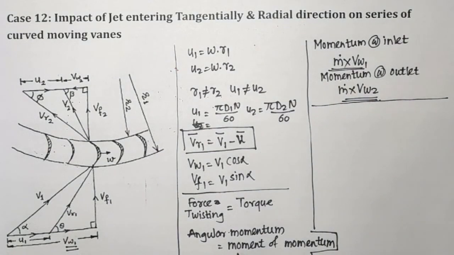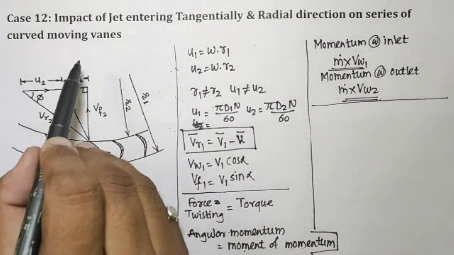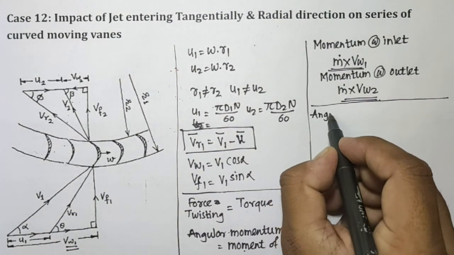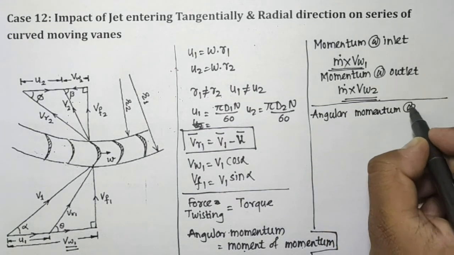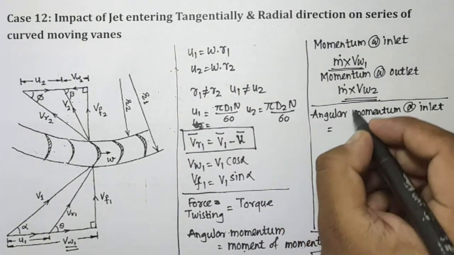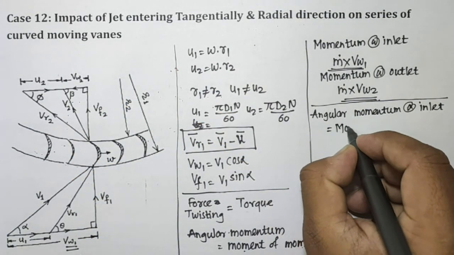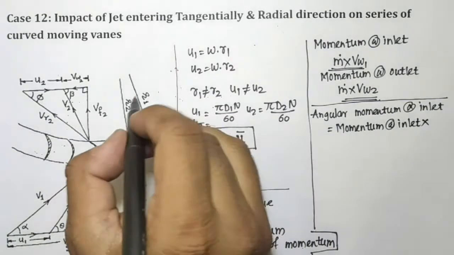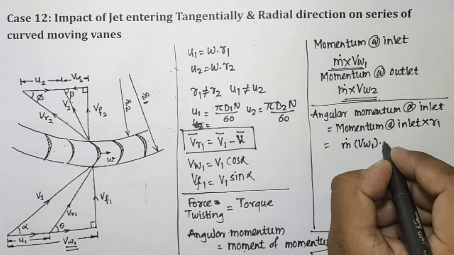Now what we need to find out? Angular momentum. To find out angular momentum, we have to take their moments. Moment is nothing but that quantity into the perpendicular distance from the center. So angular momentum at inlet will be the momentum at inlet into the perpendicular distance r1, so it will be written as m dot Vw1 into r1.